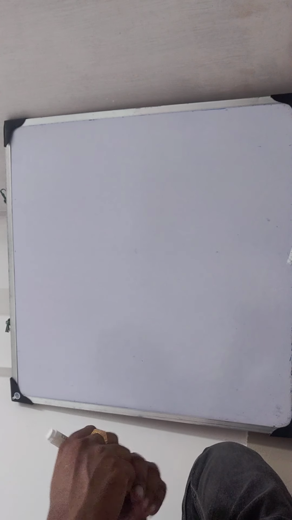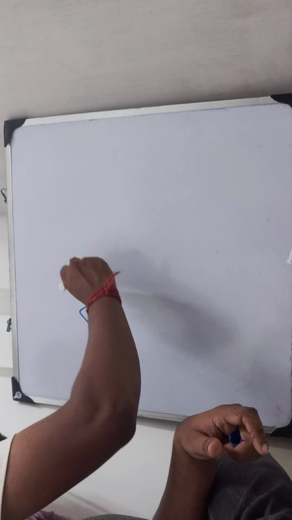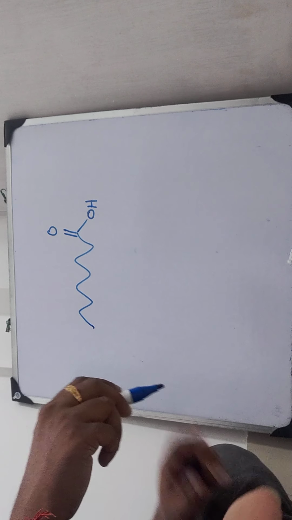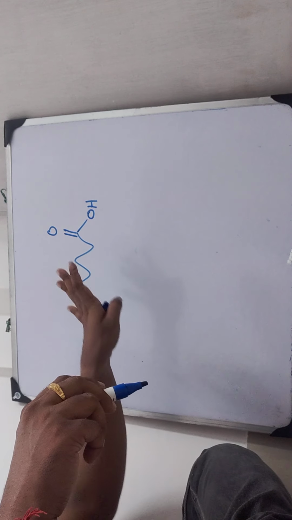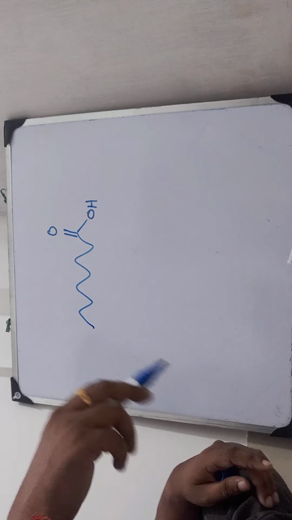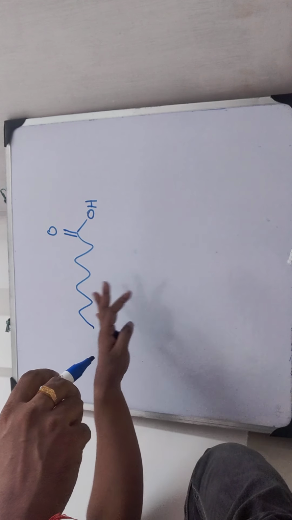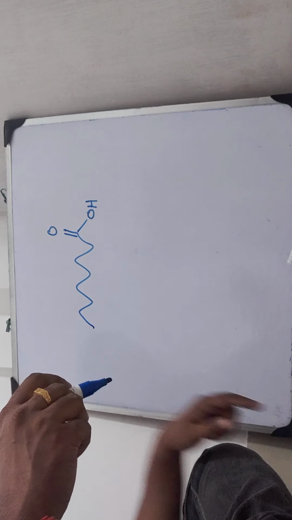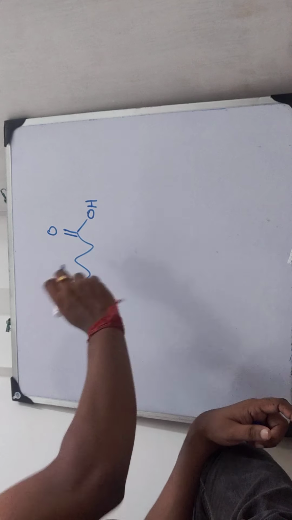Okay, now the thing is, suppose you have been asked what this compound is, so what will you say? You will say, sir, I don't recognize this compound because I have never seen that. Actually you may have never seen that, but it is very easy.